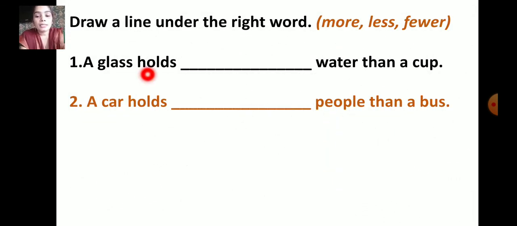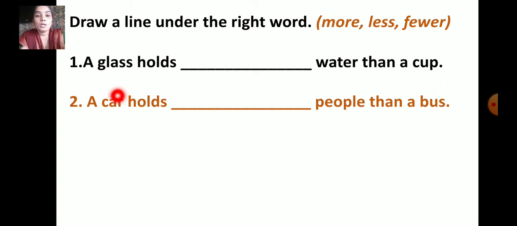Now let's go to the next exercise. Draw a line under the right word. More means too much; less, the few. Fewer means very less. Here the comparison is given, a glass and a cup. A glass is bigger, a cup is smaller.